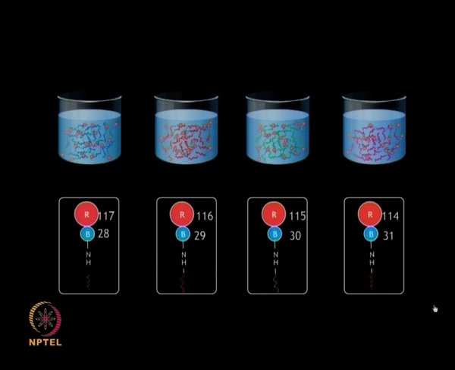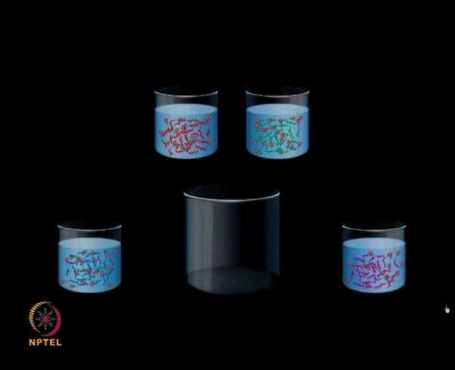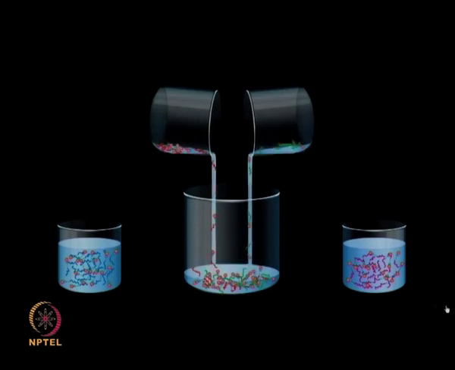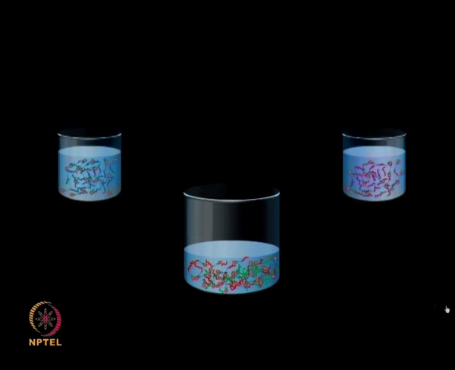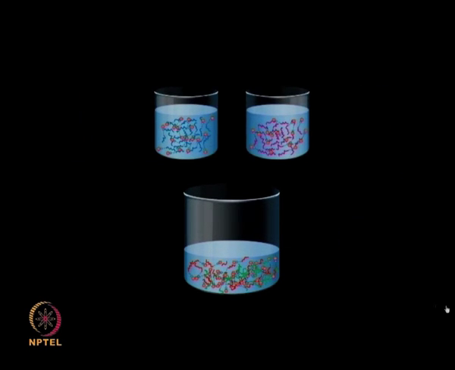In the fourth, the reporter group 114 and balancer group 31, overall 145 Dalton. This method has now further been improved to allow labeling of 8 samples simultaneously, although we are just showing here the 4-plex experiment.